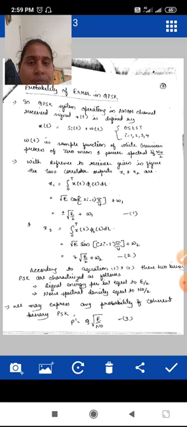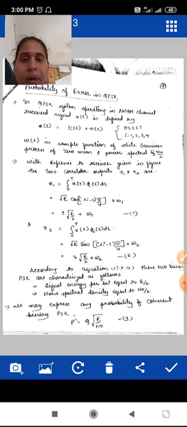So what is x of t? When you multiply the received signal with phi 1 of t, you are going to get Sij. This we have already seen in the correlator output. It will be just the coefficient, that is root E cos (2i minus 1) into pi by 4.